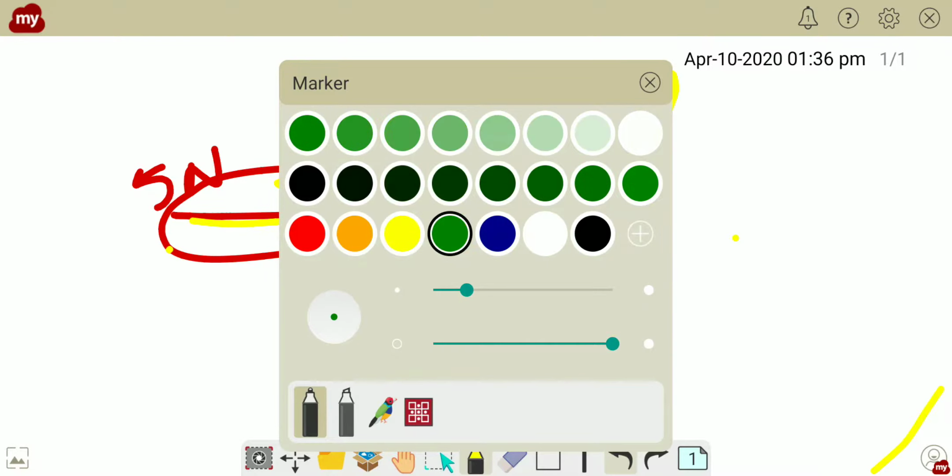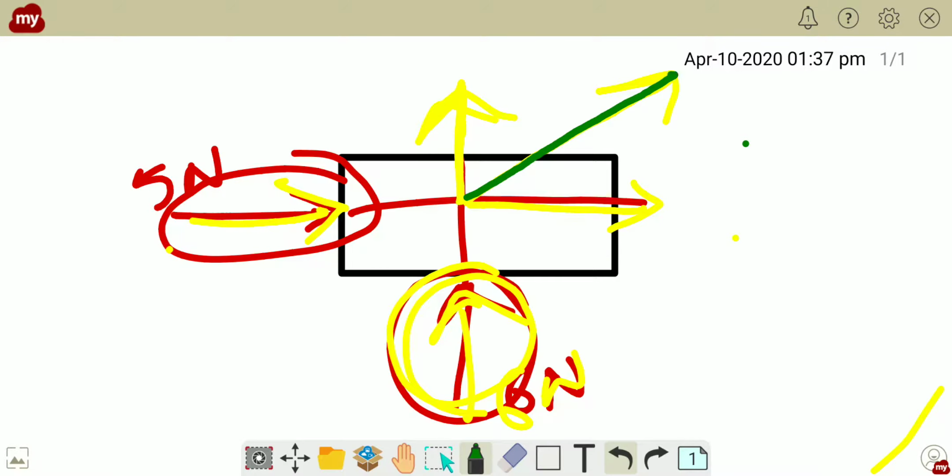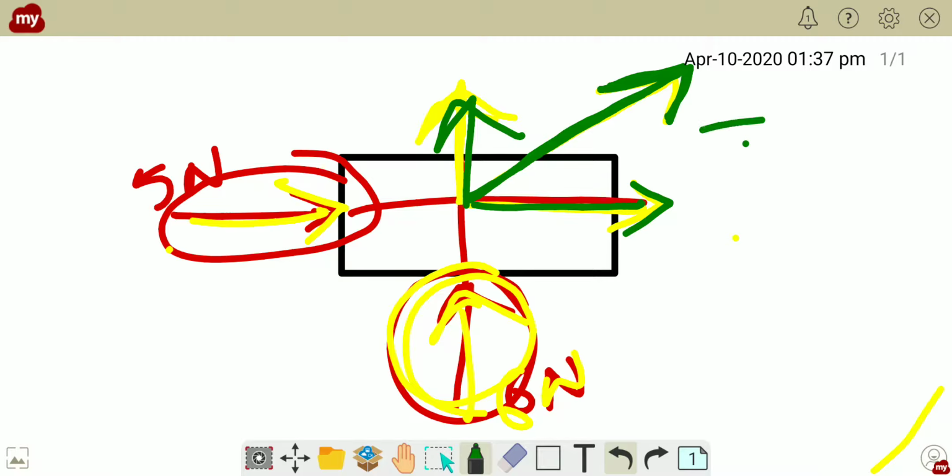I will change the color. The body starts moving in this direction, somewhat in this direction, irrespective of the angle or the direction, because the body has to satisfy the force to the right. The body also has to satisfy the force which is pointing upwards. So the body is satisfying both the cases. The body is moving right side, at the same time it is also traveling in the upward direction.